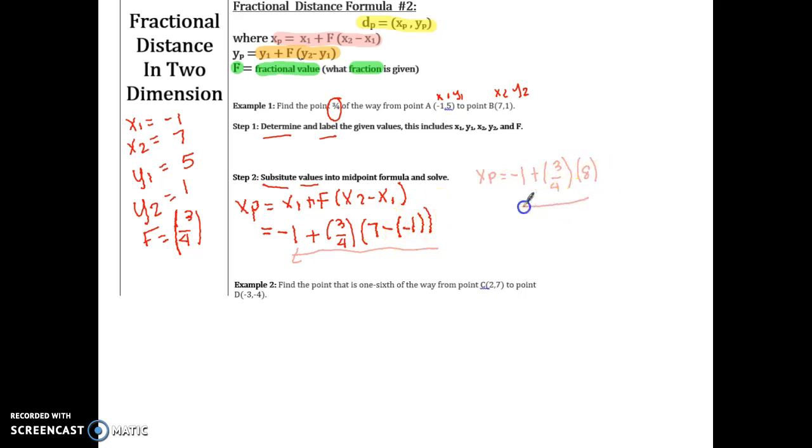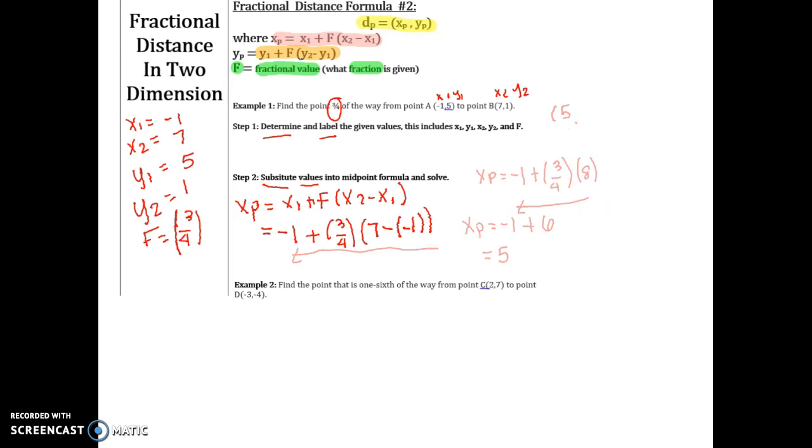Then again, we'll start going this way. So 8 times 3/4 will give us 6. So xp equals -1 plus 6. And once we do this final operation, that will give us 5. So xp over here will equal 5.